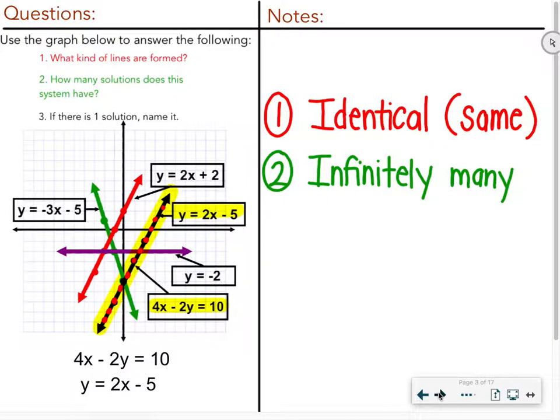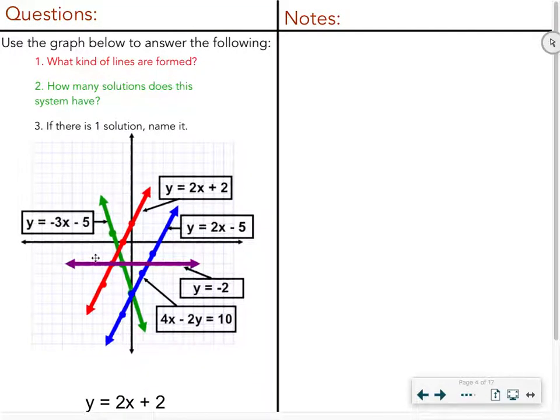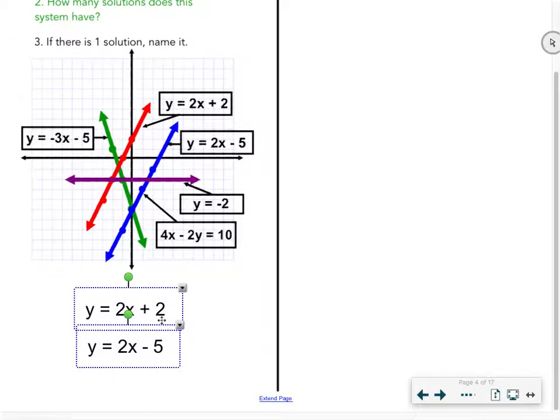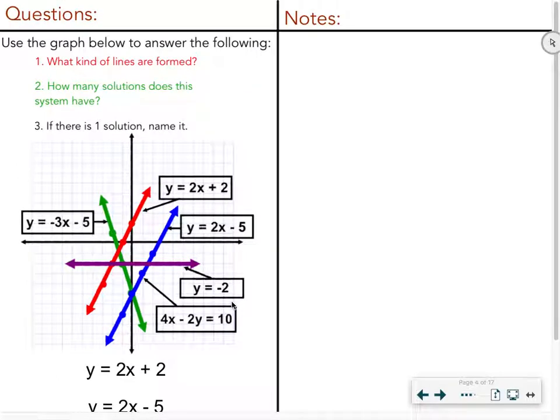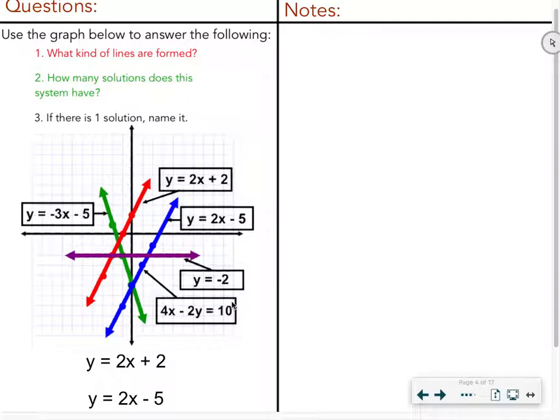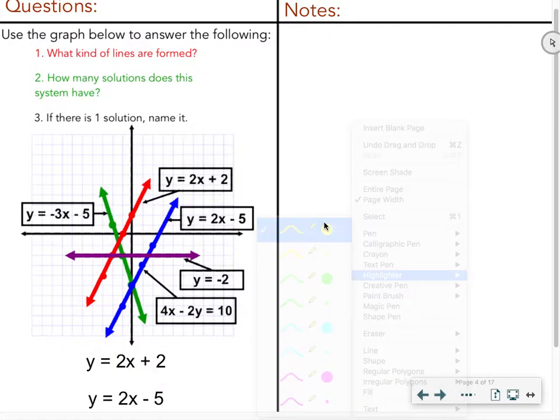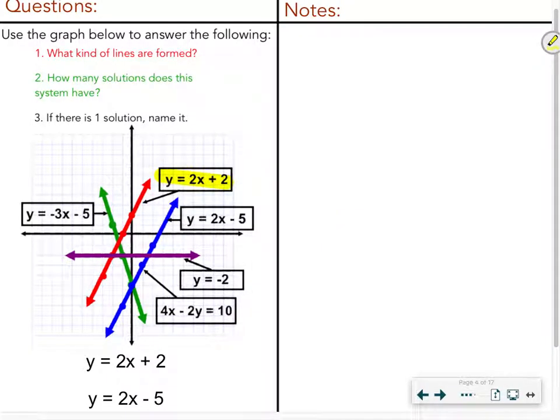All right, third one. This time we have y equals 2x plus 2, which is the red line, and y equals 2x minus 5 again, the same one as last time, the blue line.